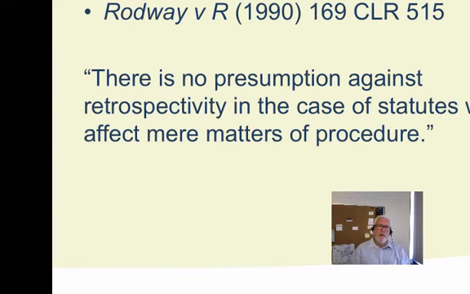And we looked at the case previously of Rodway and the Crown, where the person was essentially deprived of a better case, so his prospects would have been better if the evidence of the underaged young girl in this sex case could be excluded. Previously that was the case. If it was uncorroborated, that evidence might not be allowed in. Now it was allowed in, provided the judge gave us sufficient warning. And so Rodway is about retrospectivity and working out what type of law it is.